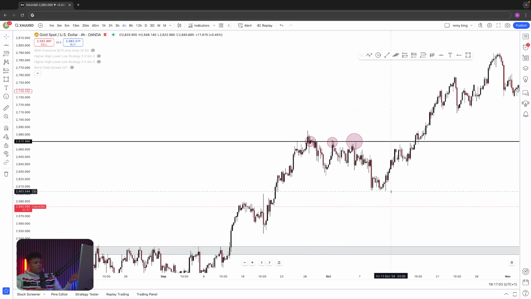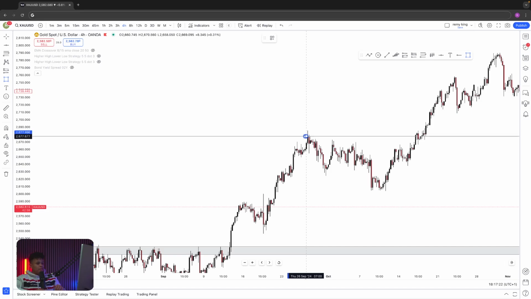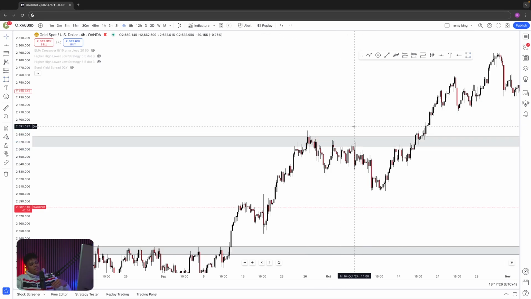Okay, and now again right here, as you can see, this is an uglier example that I showed you guys before, but still, these are the markets, baby. You're not always going to get a pitch perfect setup. So in this case, again, I'm going to move away this line tool, and right here my resistance area would look like this.